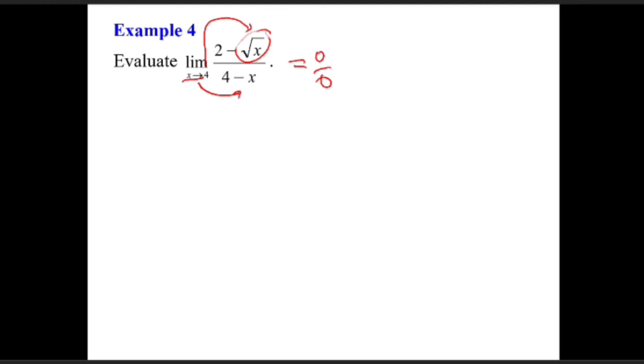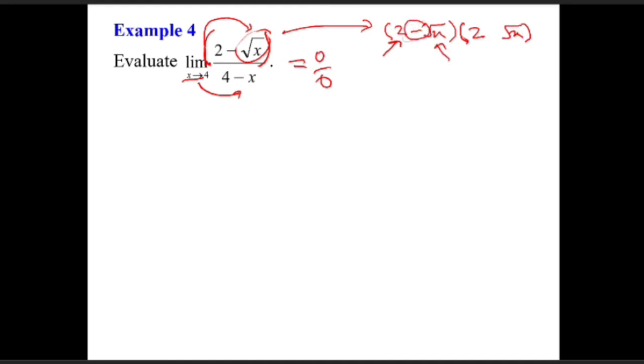Right, so what is the conjugate that you have to multiply with? Is it 4 minus x or is it 2 minus square root of x? To find the conjugate that we want to multiply it with, we have to look at the function with the surd. And the function with the surd is on top here. So 2 minus square root of x, what will be the conjugate? The conjugate that we have to multiply it with is just follow the same numbers behind and in front, and then just change the sign.